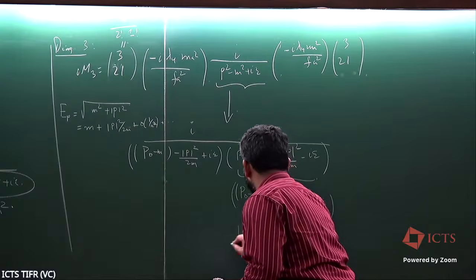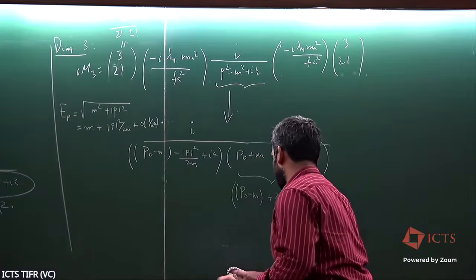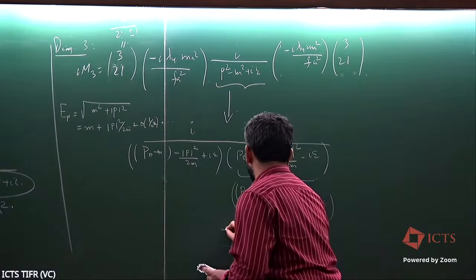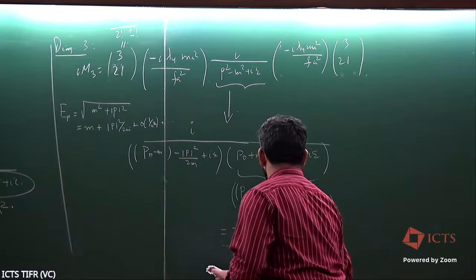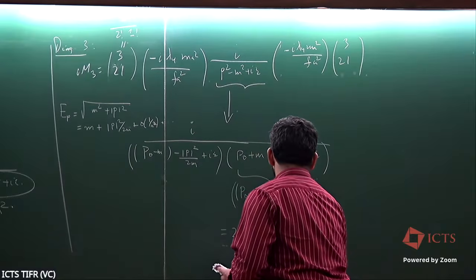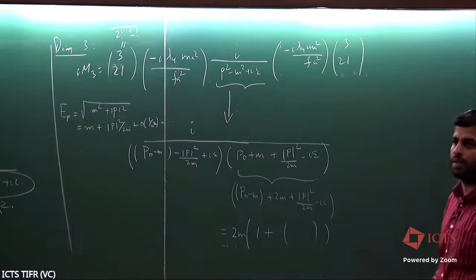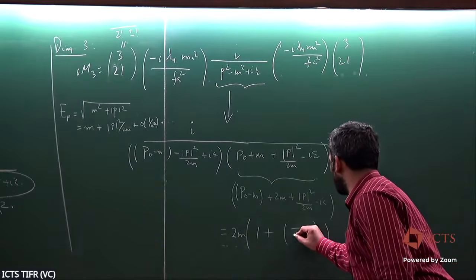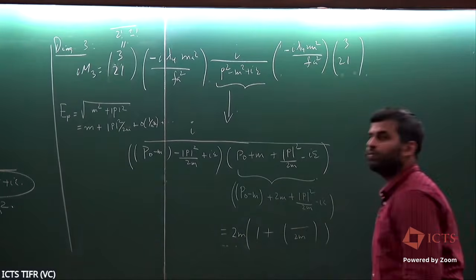So you basically pull out the 2m factor, and the rest everything is your numerator divided by 2m. Okay.